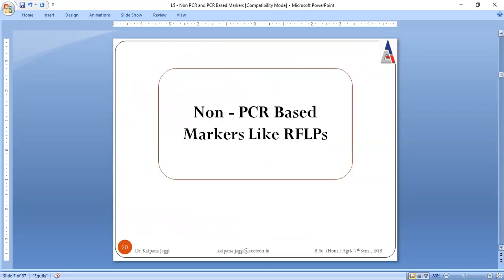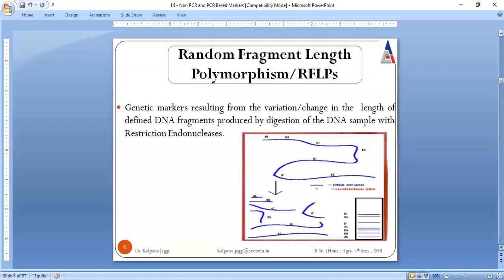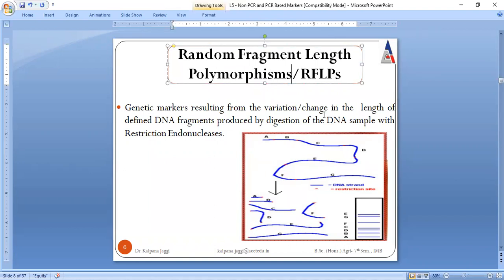Now we will talk about non-PCR based markers. The example of a non-PCR based marker is restriction fragment length polymorphism, RFLPs. R stands for restriction, F for fragment, L for length, and P for polymorphism, and the S is denoted by a small s.